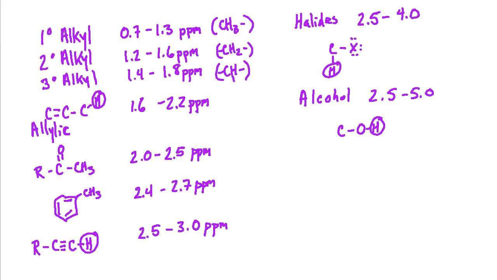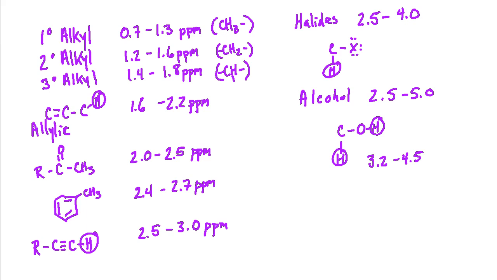Now, what if you have a proton that is directly next to the alcohol, right? So a proton like this that has an alcohol next to it, those can be anywhere from around usually 3.2 to about 4.5. And again, these are rough parameters.